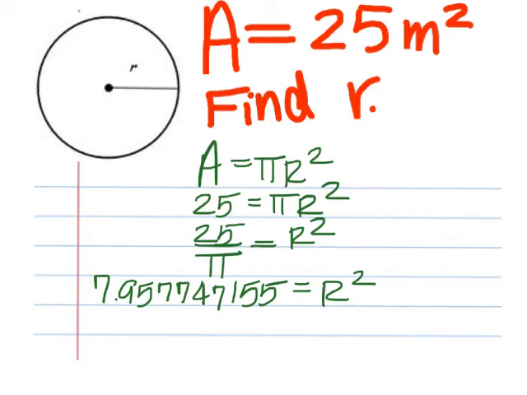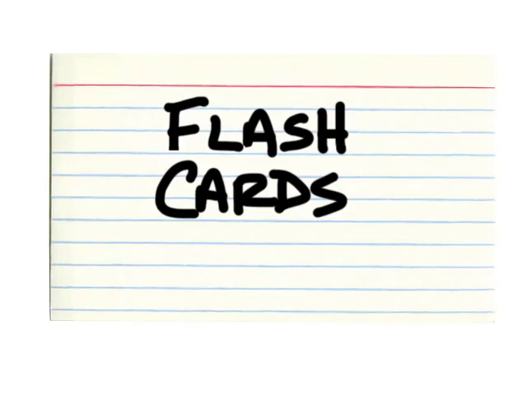Leave that in your calculator and hit second x squared, second negative sign. That will give you the square root. Round that to the hundredths place to get 2.82. Your units will be meters, and all of that equals R.